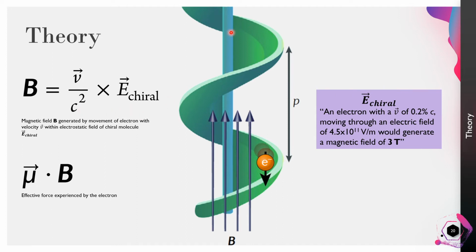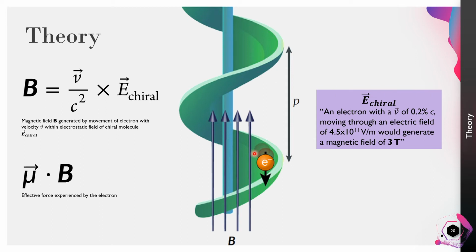And in the structure here, we can see that we have a chiral molecule with a certain helicity. The cross product of the speed vector and the electric force vector, which is applied from the chiral molecule, would generate a magnetic field orthogonal to both, along the axis of the chiral molecule.